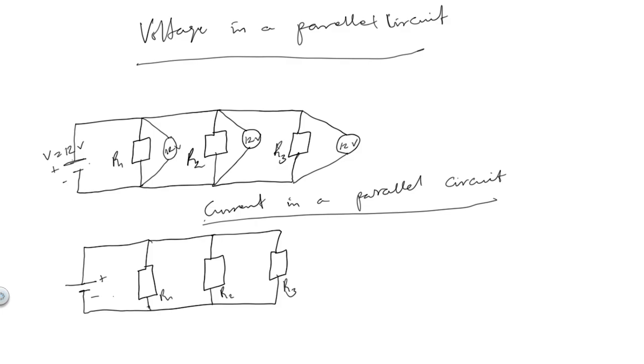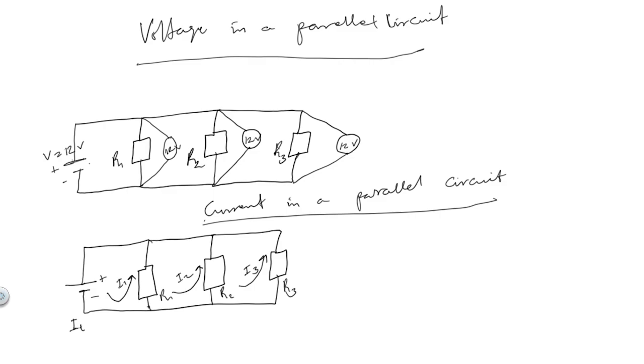So the total current IT is flowing in, and when it comes towards this branch, I1 flows in. When it comes to this branch, we will have I2 flowing in. When it comes to this branch, we would have I3 flowing in.